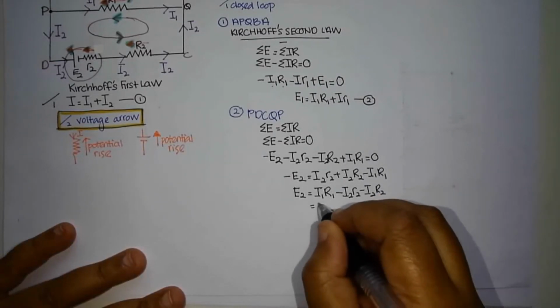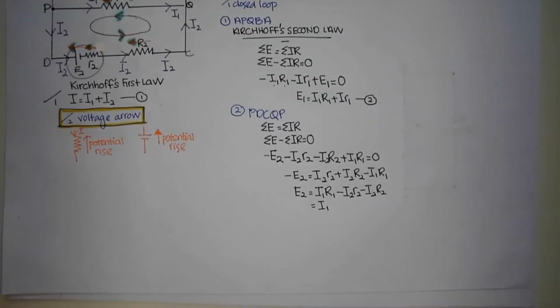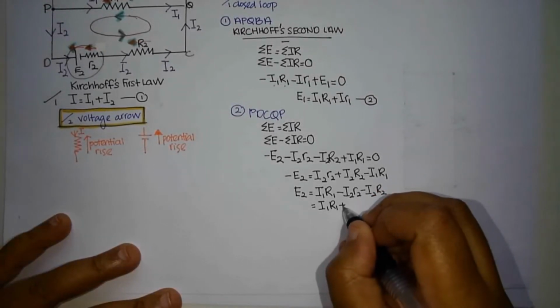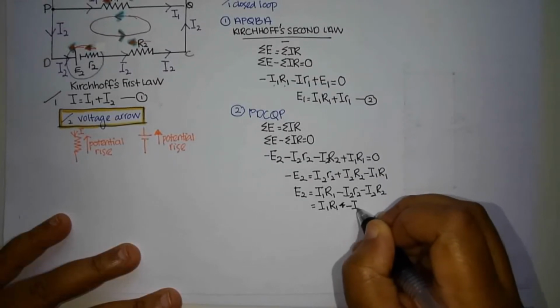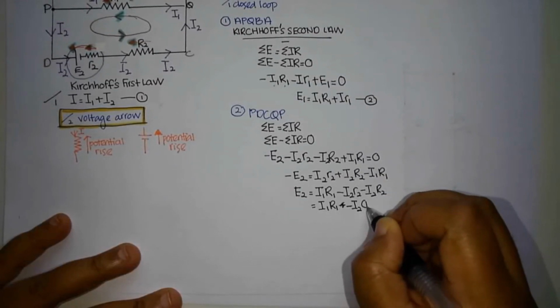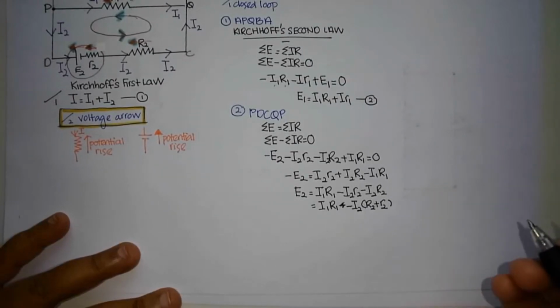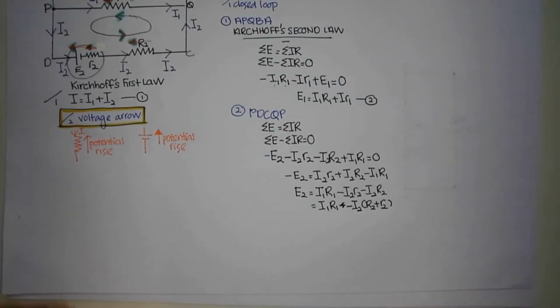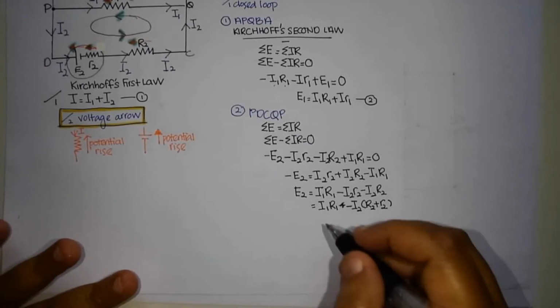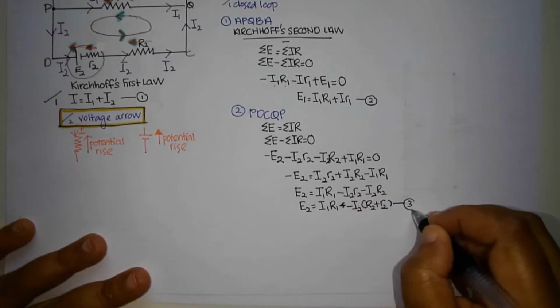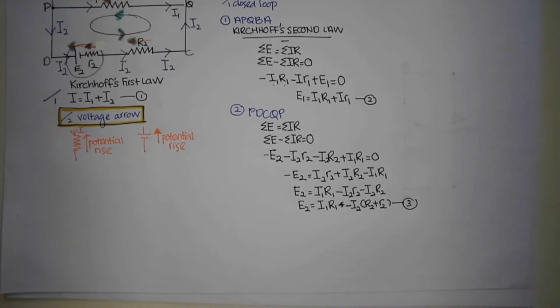So I arrange it: minus I2 R2 plus small r2 and so on, equals E2. Correct? This is number 3.